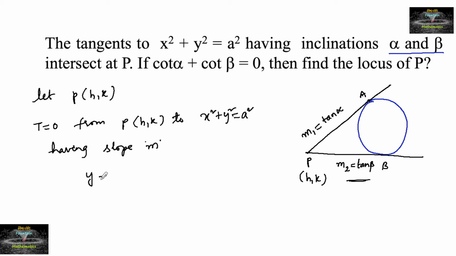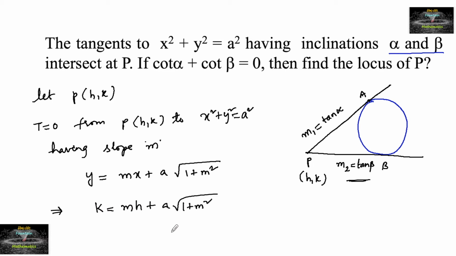So we have y = mx + a√(1 + m²). This is the slope form for a tangent equation, and this tangent is passing through the point (h, k). So we can write k = mh + a√(1 + m²), or k − mh = a√(1 + m²).